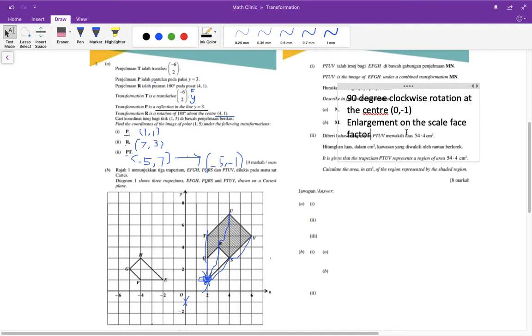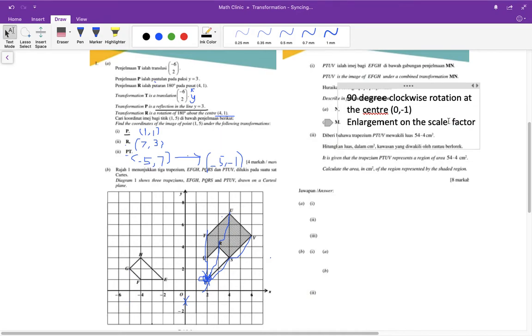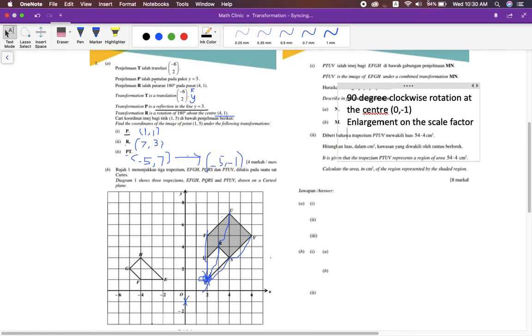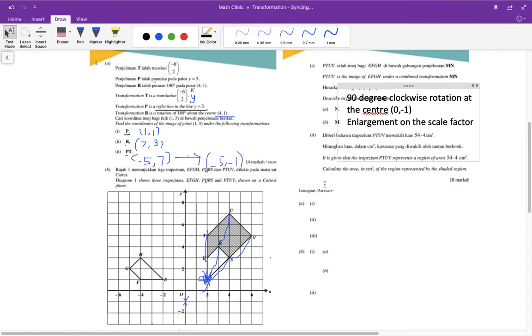So how do you know the scale factor? Scale factor from this one to this one. This is the object, okay? No, this is the image. This big one is the image, and then this is the object. So erase it first. How do you determine the scale factor?